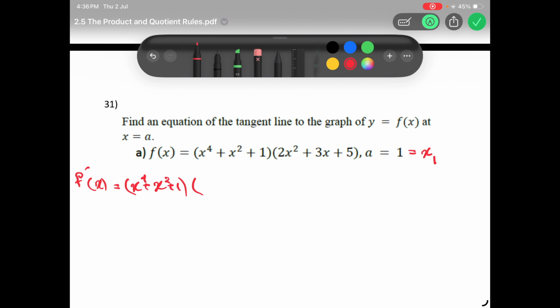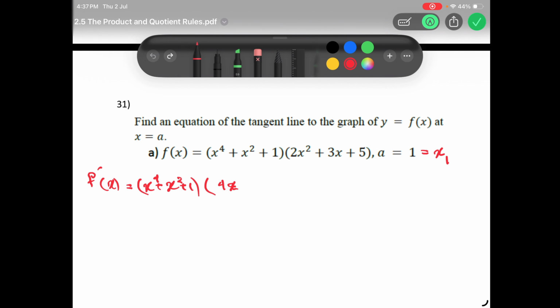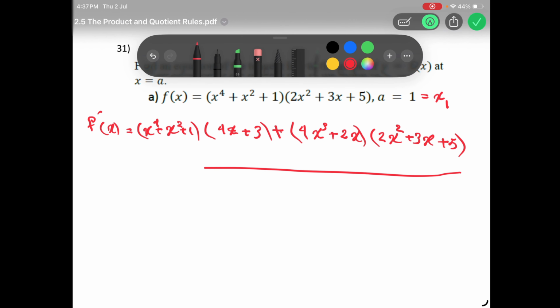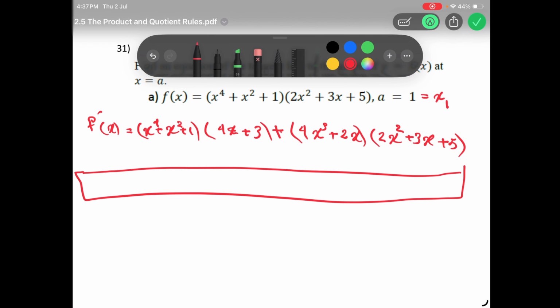The derivative of the second, which is 4x plus 3, plus derivative of the first, 4x to the power of 3 plus 2x, then keep the second as it is, 2x to the power of 2 plus 3x plus 5.